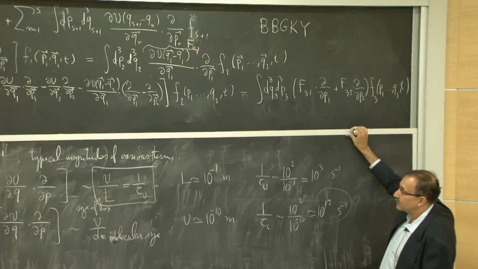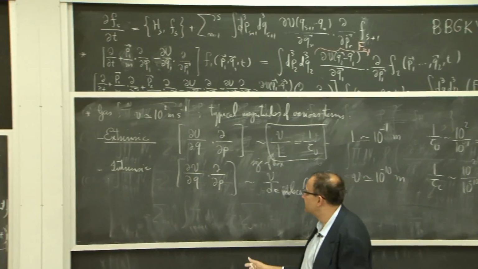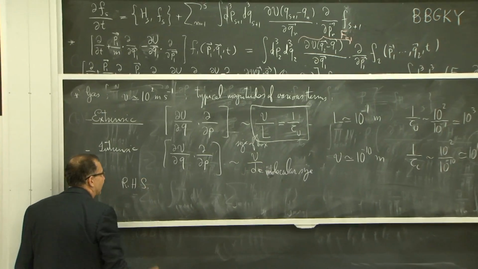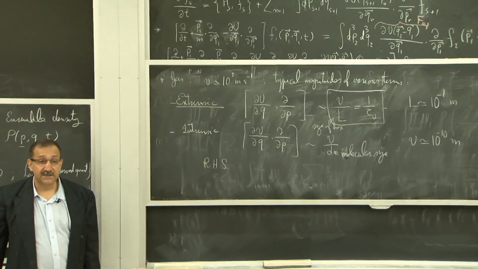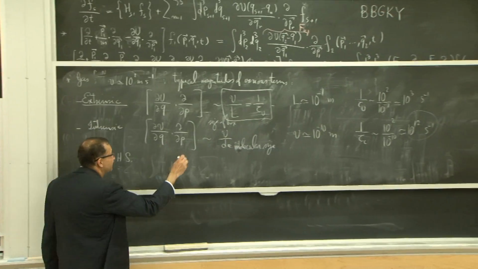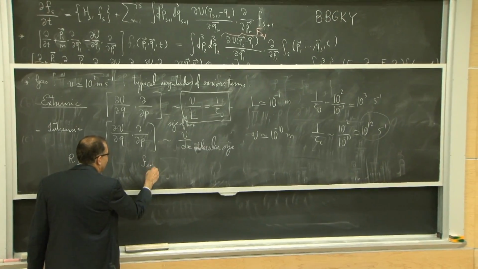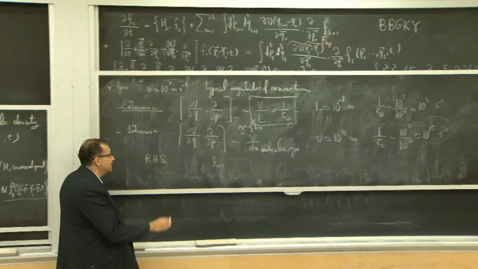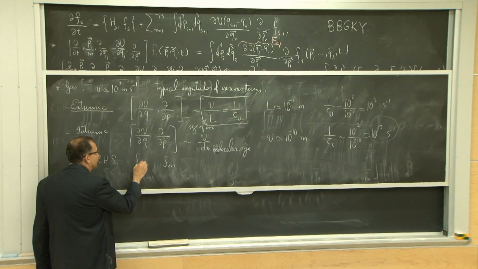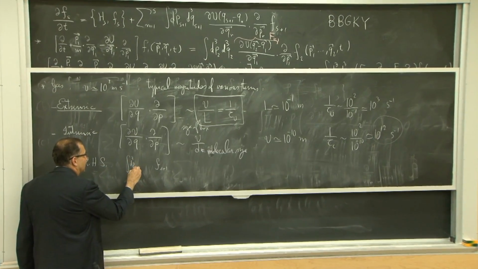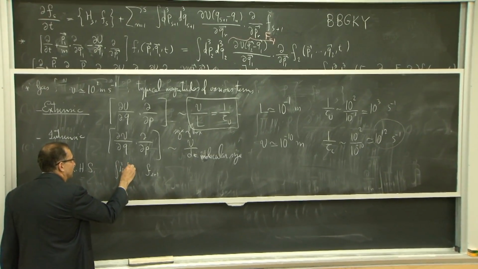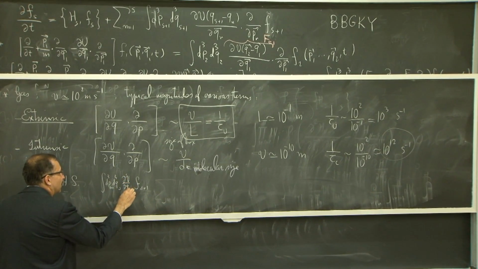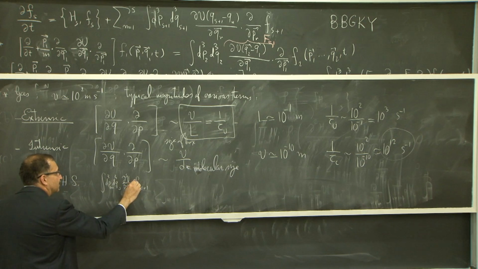So if I look at the terms that I have on the right-hand side and try to construct the characteristic time out of them, I have to compare the probability that I will have, or the density that I will have for s plus 1, integrated over some volume over which the force between these particles is non-zero.